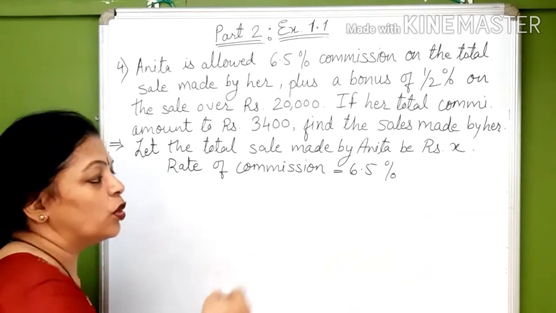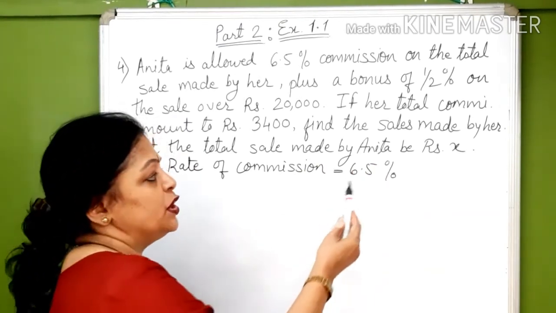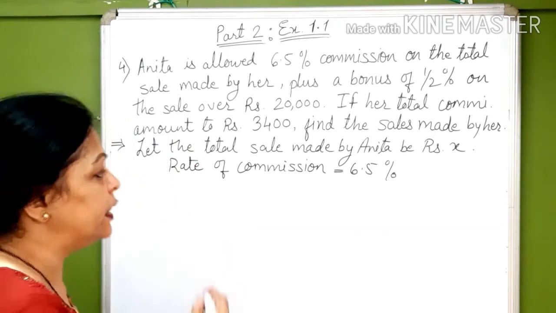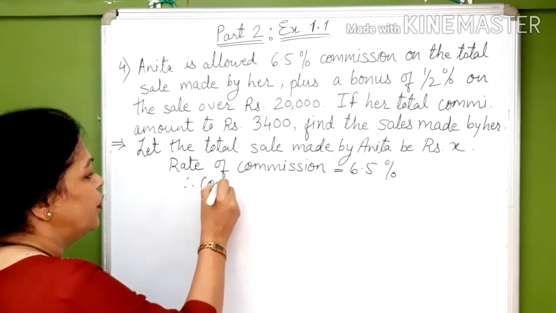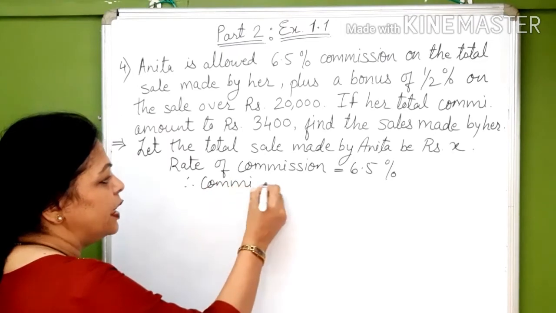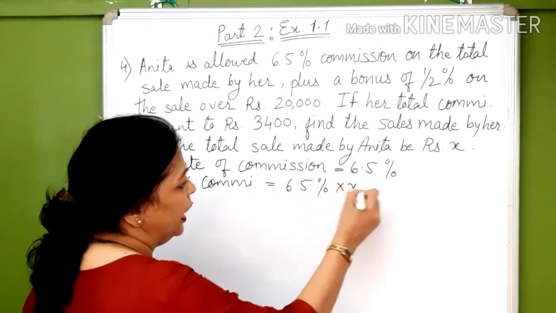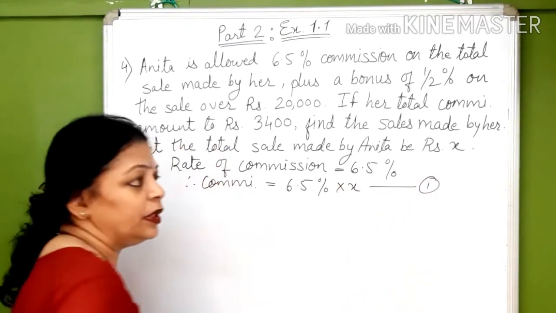That means on this total sale, Anita will get the commission equal to 6.5% into X. Correct? So, therefore, commission is equal to, I'll just write in short, 6.5% into X. Let us number this as 1.